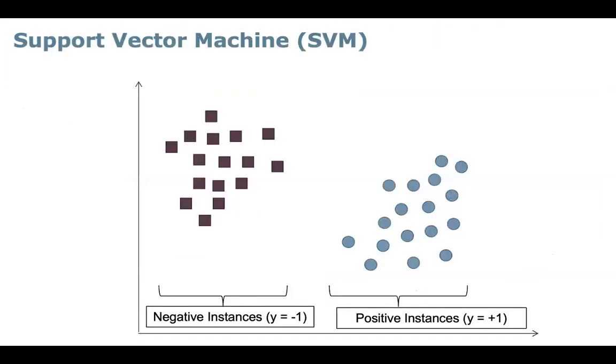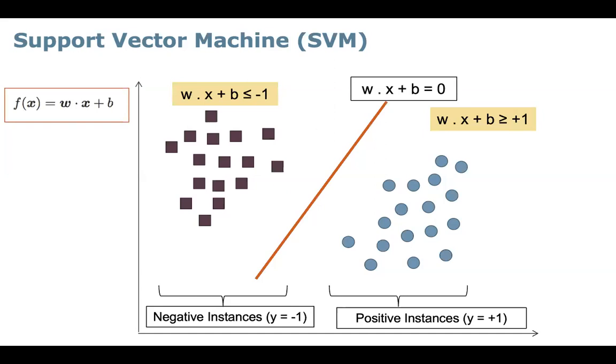All right, so what is a support vector machine? A support vector machine is just trying to learn two parallel decision boundaries to separate two classes, so that the distance between the two decision boundaries is as wide as it can be.